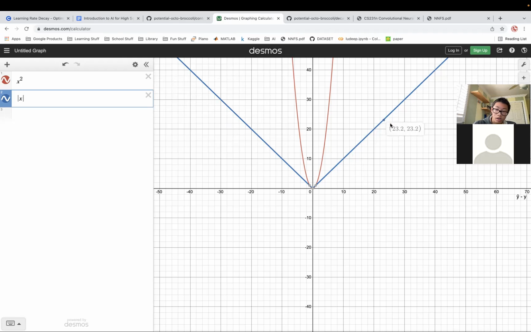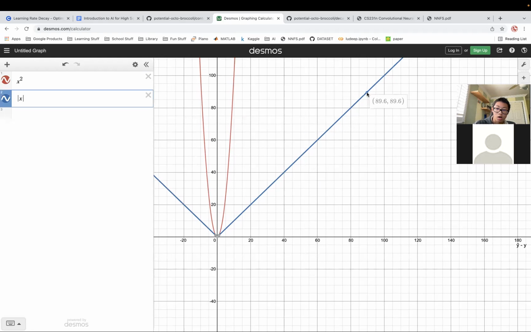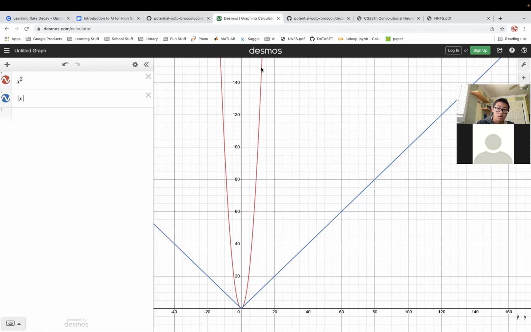MAE, though, is good with outliers, because you might have some data points that are all the way over here. For MSE, if you have points really far away, their cost is going to be really high, and the model is going to try to predict the outlier correctly too, and you don't want that.